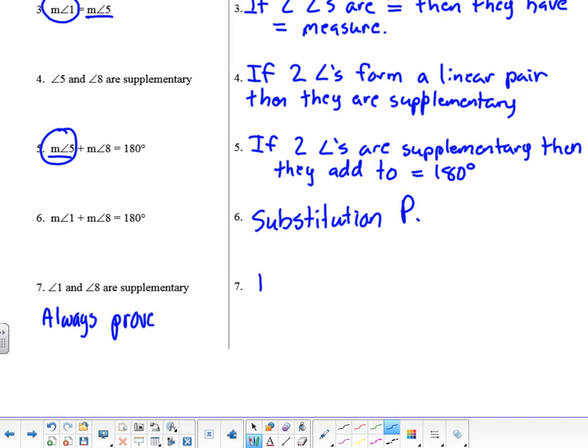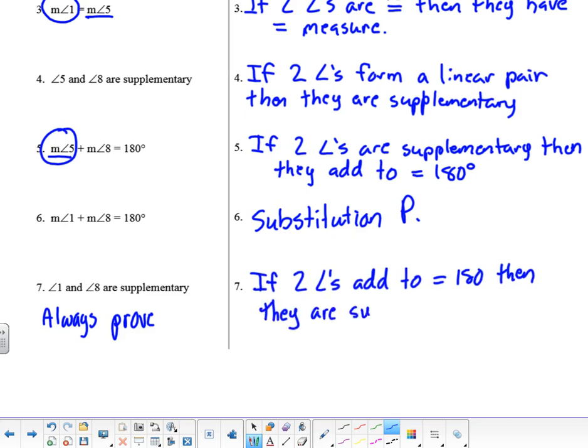So the reason is, well, if two angles add to equal 180, then they are supplementary. Okay. All right, and we just said in the previous step that they add to equal 180.